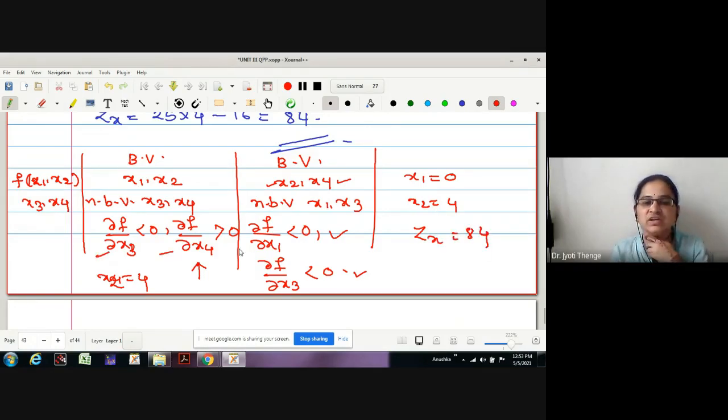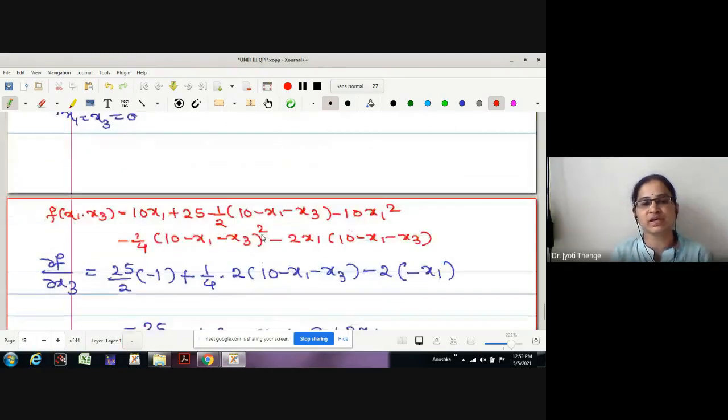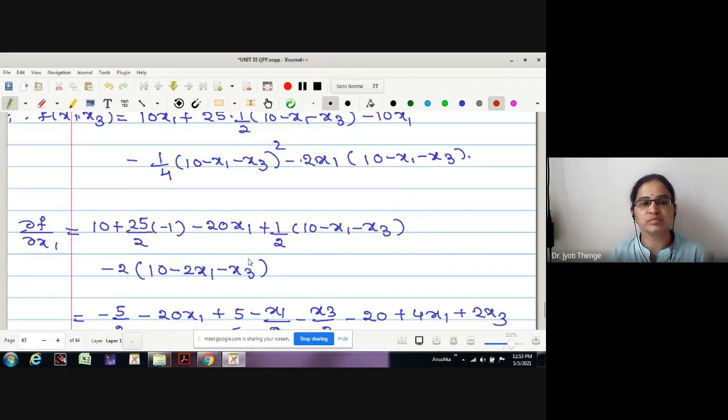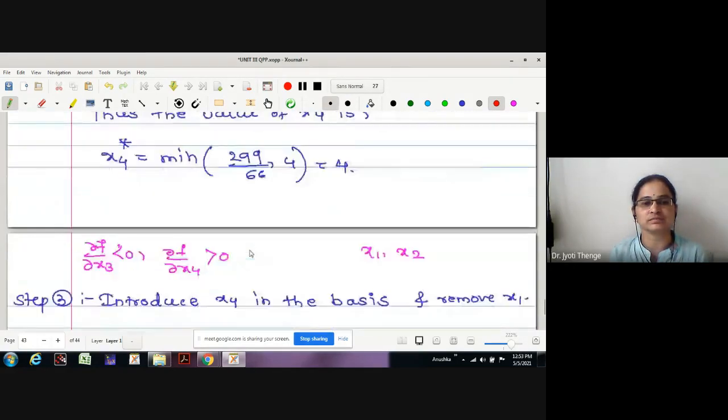The partial derivatives we have calculated. What is the small hint here? While doing the simplification like this, at this step, finding the coefficients of x, you first check the constant term. If the constant is positive, you have to write the detailed value. Otherwise, you directly put x1, x3 as 0 and calculate. Let me show you in the first step.